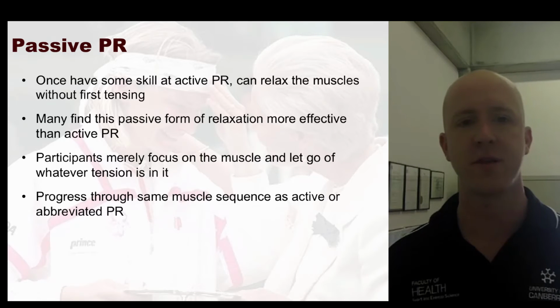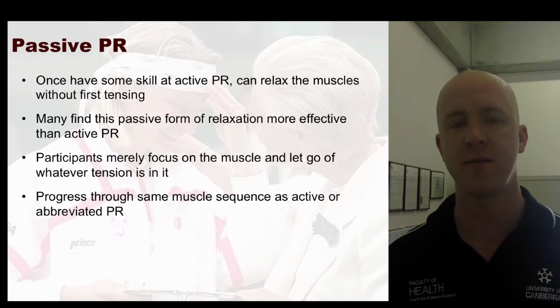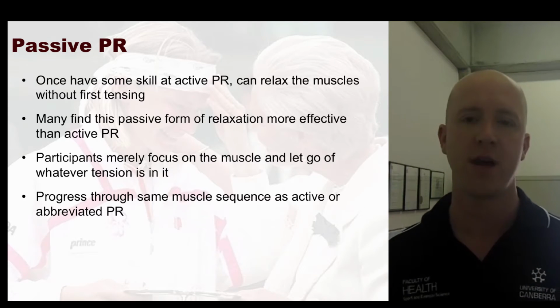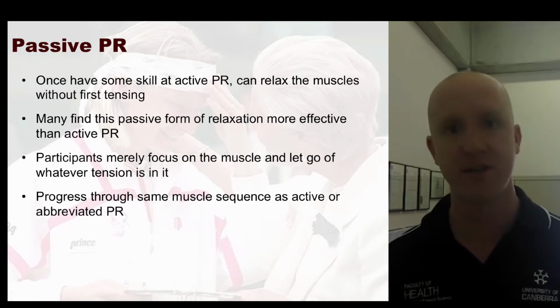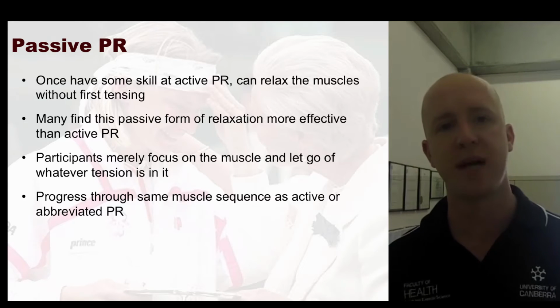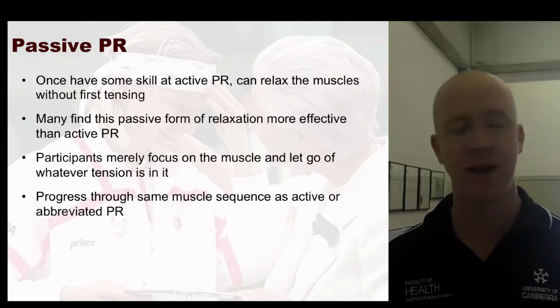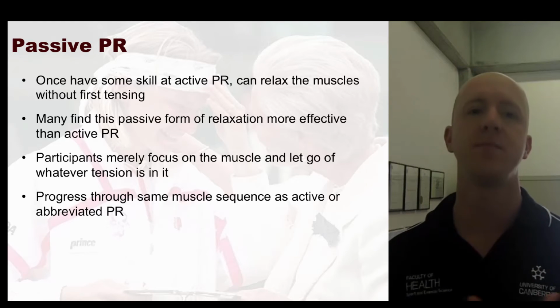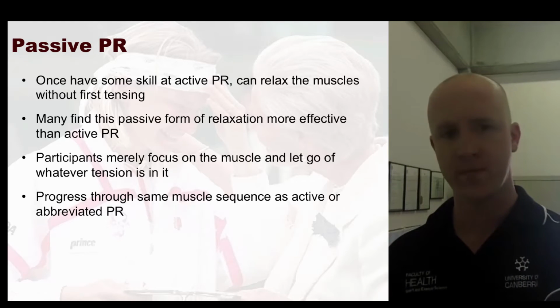And as I said, you can sometimes just skip out the tensing phase and just try and relax in one direction, not need to tense first. So that's called passive progressive muscular relaxation. But again, different subtypes of the same core technique.